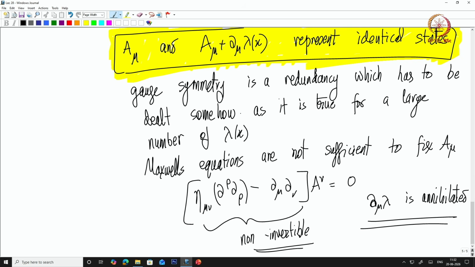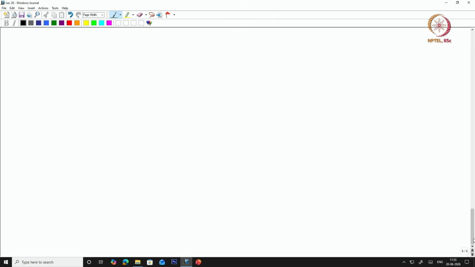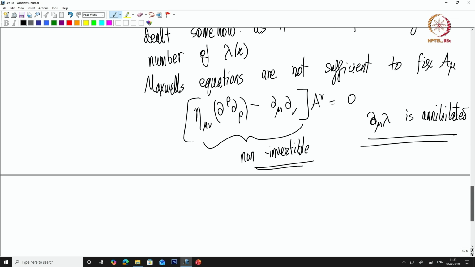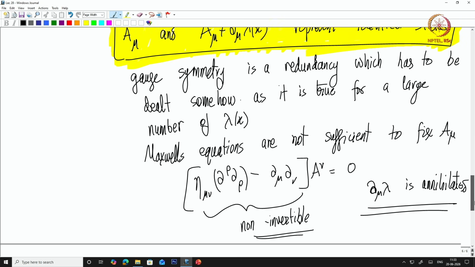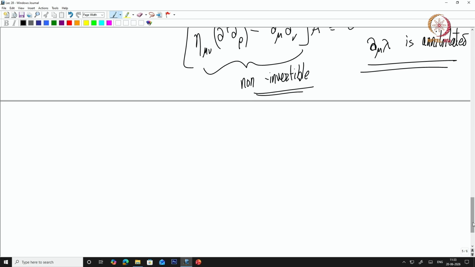But then you can ask, why do you choose A? Why not work with E and B fields directly, because they are gauge invariant and then you do not have to worry about anything.